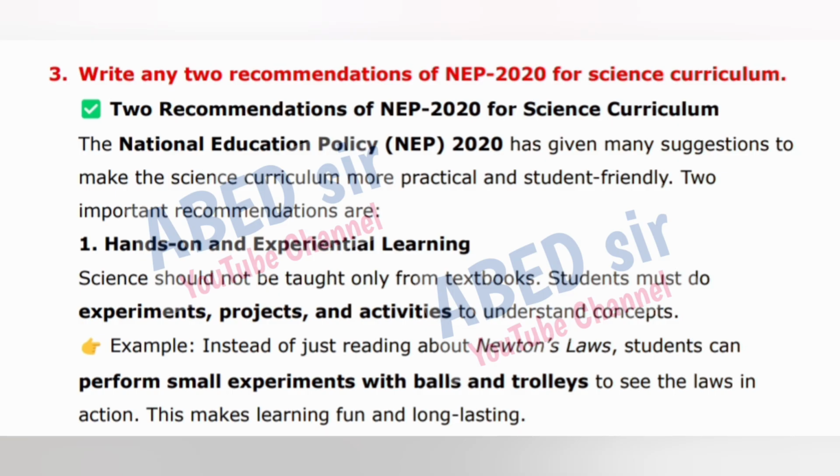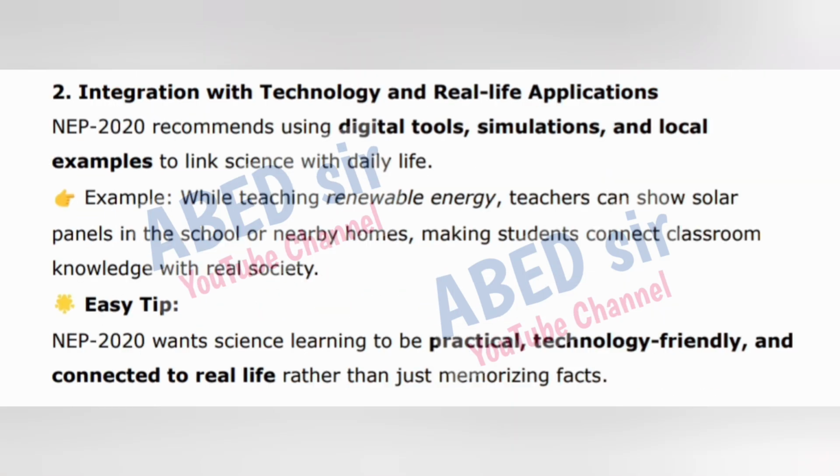Example, instead of just reading about Newton's laws, students can perform small experiments with balls and trolleys to see the laws in action. This makes learning fun and long-lasting. 2. Integration with technology and real-life applications. NEP 2020 recommends using digital tools, simulations, and local examples to link science with daily life.